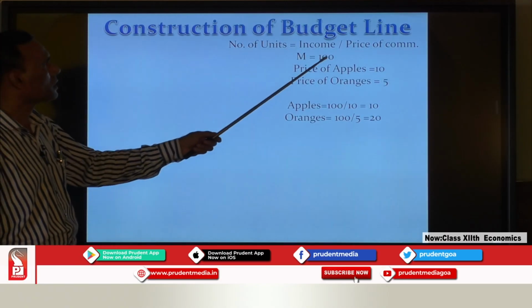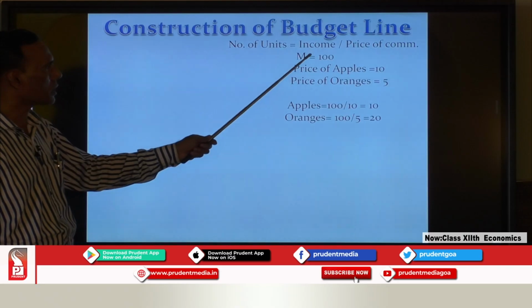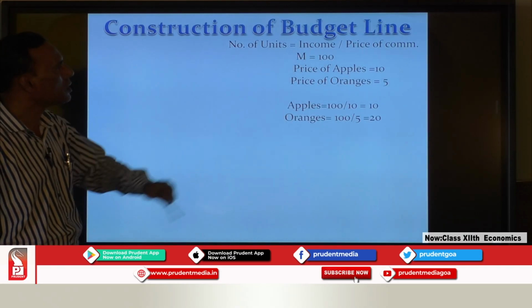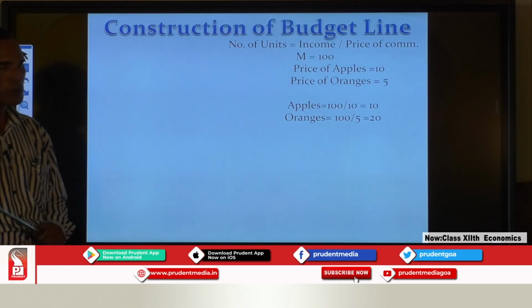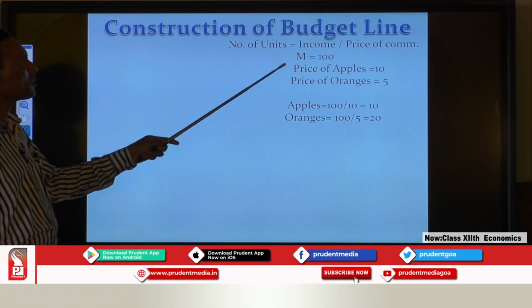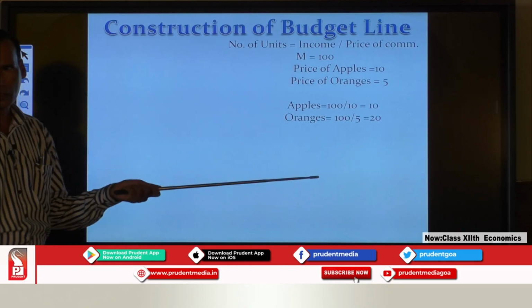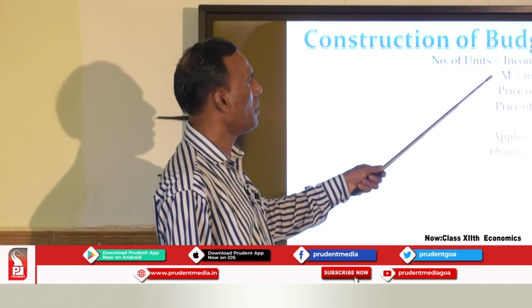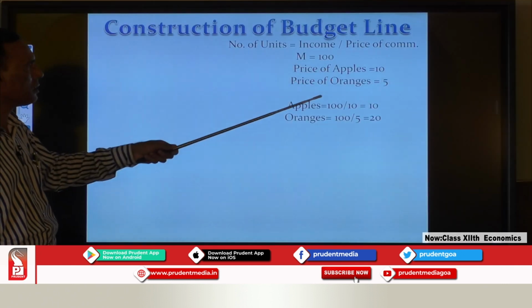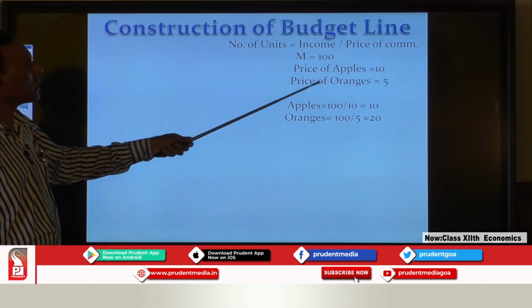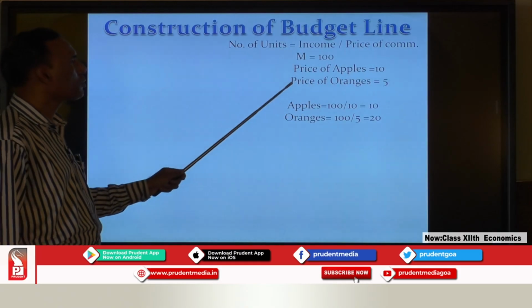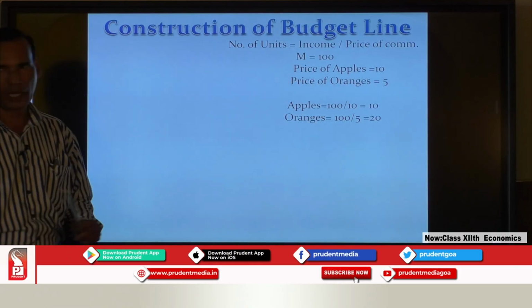Number of units is the income of the consumer divided by the price of the commodity. As per the problem, M is the income, that is 100.